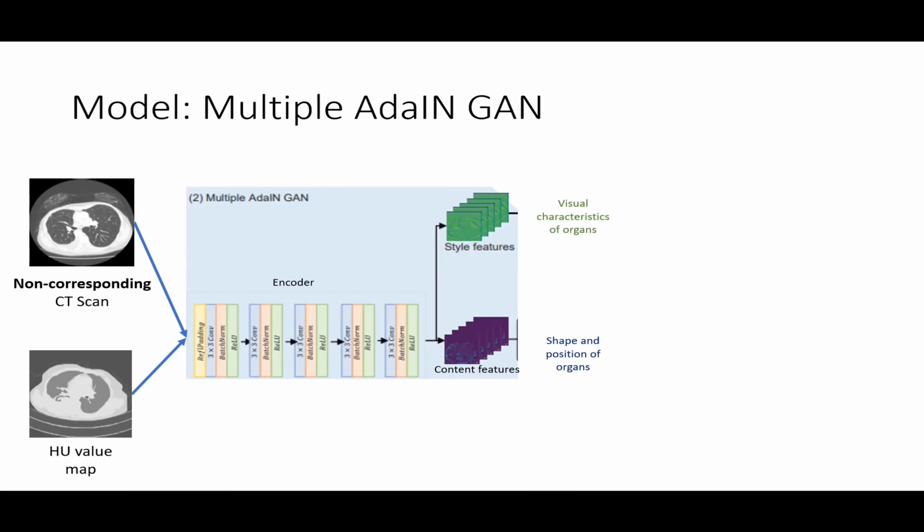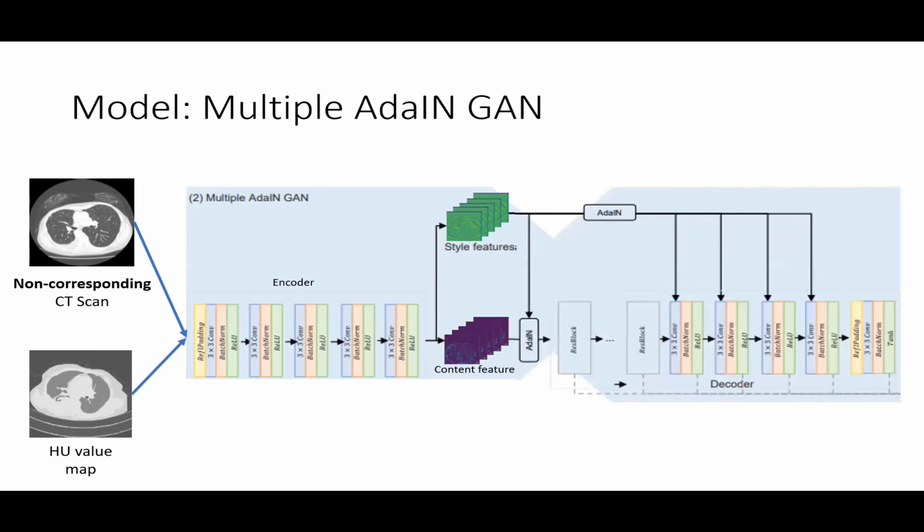Next up, we're going to use those features in the GAN and the decoders. Oh, my bad, I realized I wasn't pointing. At first we pass the content features into the first GAN, which here is an AdaIN, at the beginning of the decoder.